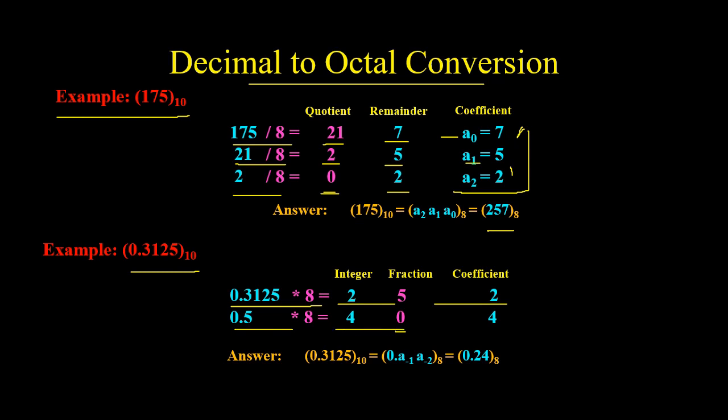So coefficient will be 4 and now we will write the result. Here first coefficient will act as MSB or the most significant bit and the last coefficient will act as LSB. So the result will be 0.24 to the base 8.